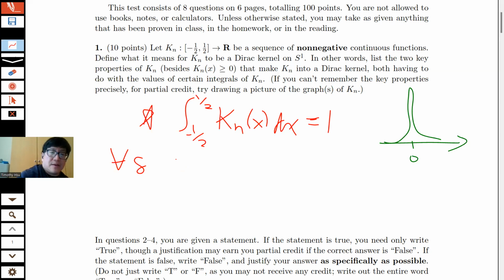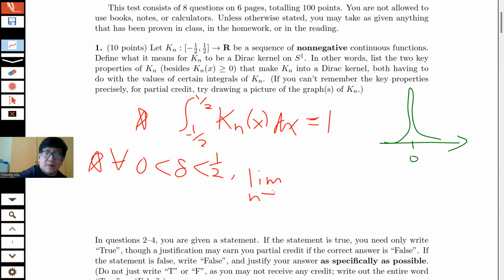This is star. This is also star, and for every delta strictly between 0 and 1/2, the limit as n goes to infinity of the part of the integral that's outside of a delta neighborhood of 0, from minus delta to plus delta.